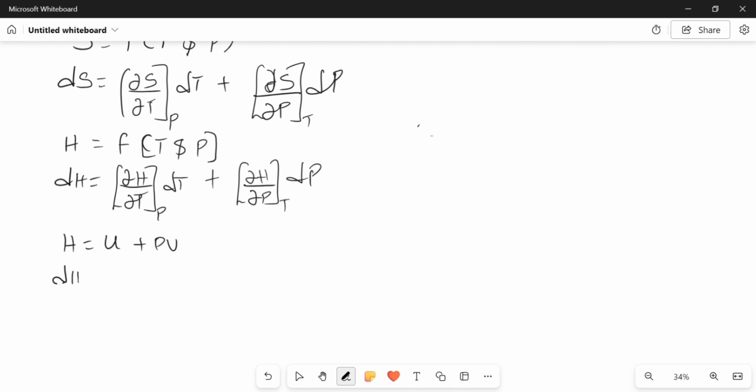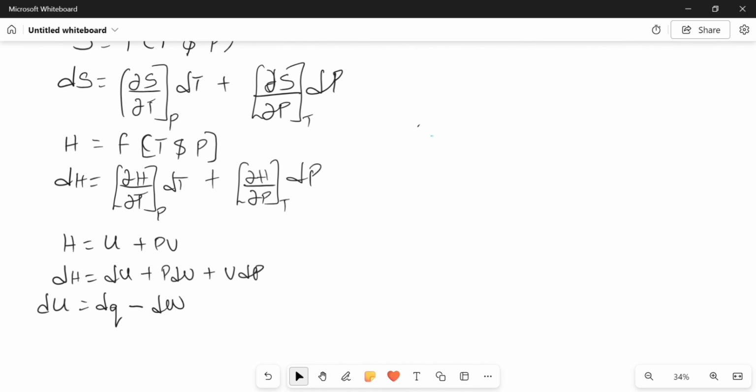Then if H is equal to U plus PV, dH will be equal to dU plus P dV plus V dP, since we are introducing a change. We should not forget that from the first law, dU is equal to dq minus dw.